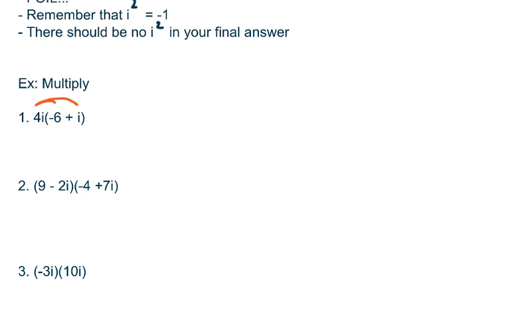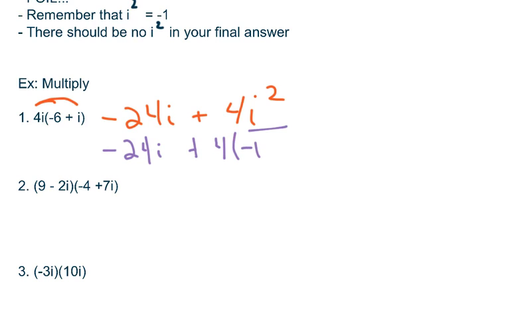All right, so 4i times negative 6 is going to give me negative 24i. And 4i times i is going to give me positive 4i squared. Now, remember what I just said. i squared is equal to negative 1, and we don't want any i squareds in our final answer. So this we can think of as 4 times negative 1, which is just negative 4.